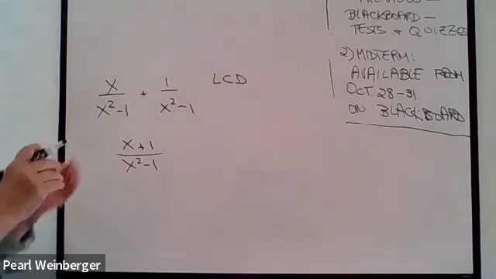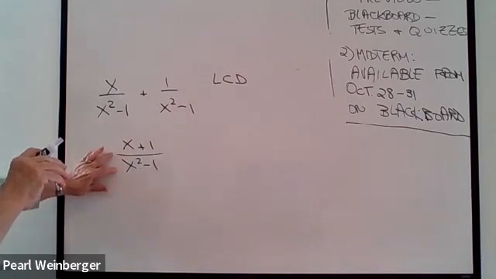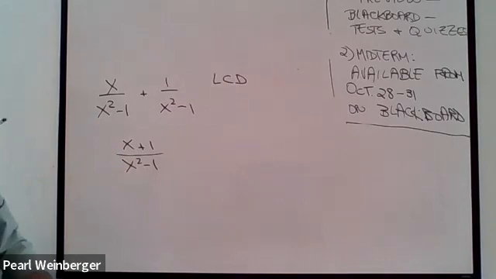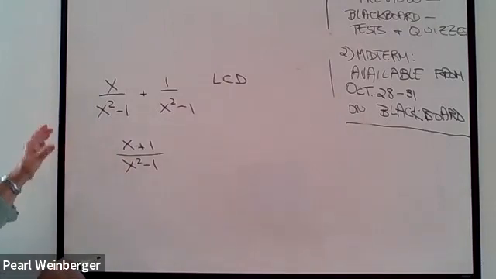In this case, there were no like terms. And we're left with the x plus 1 over the x squared minus 1. What you then have to do is see if you can simplify the fraction. Remember how to reduce fractions. We look to see if we can factor anything and cancel out a common factor.